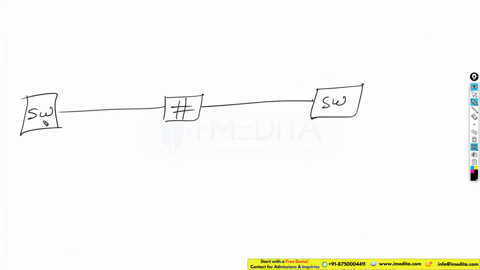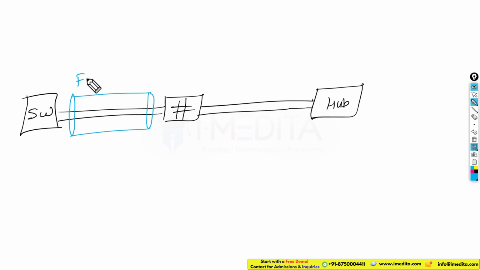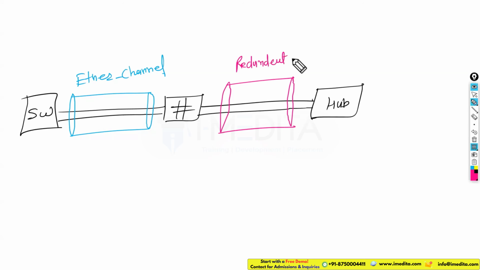To provide interface redundancy, you can use two interfaces with the opposite device. Can we bundle them? Yes, we can bundle them in a logical interface. One logical interface will be called Ether channel. The other logical interface bundling will be called redundant interface.